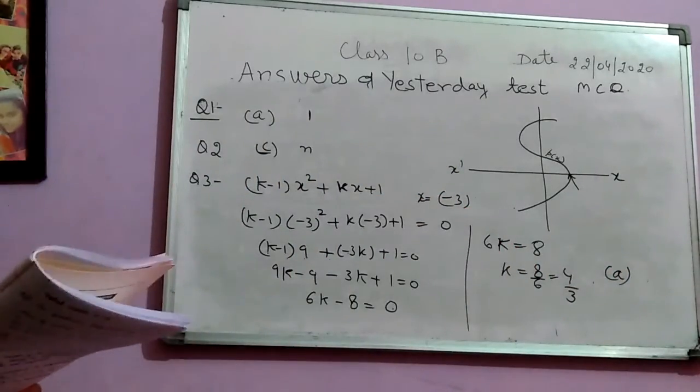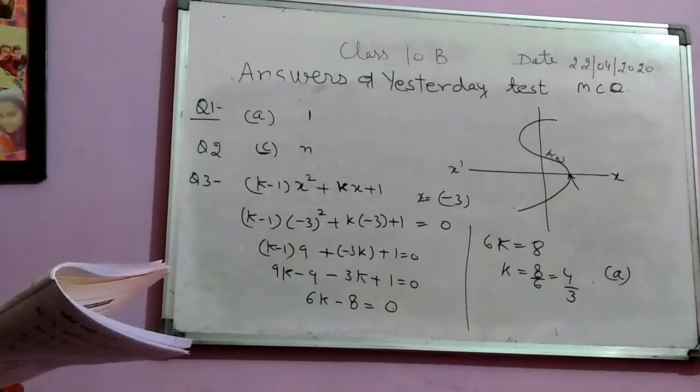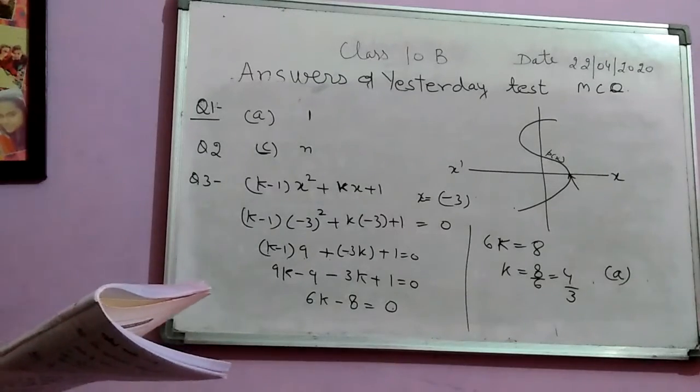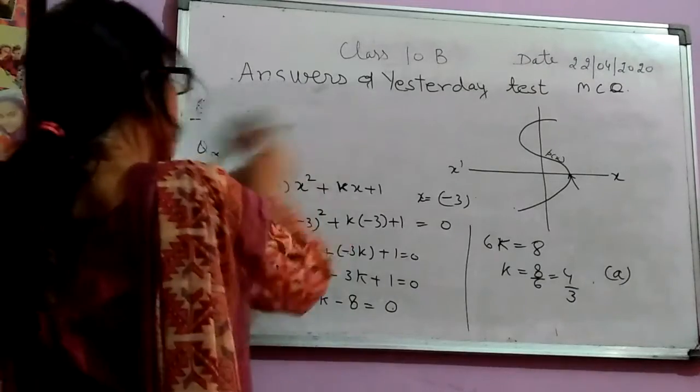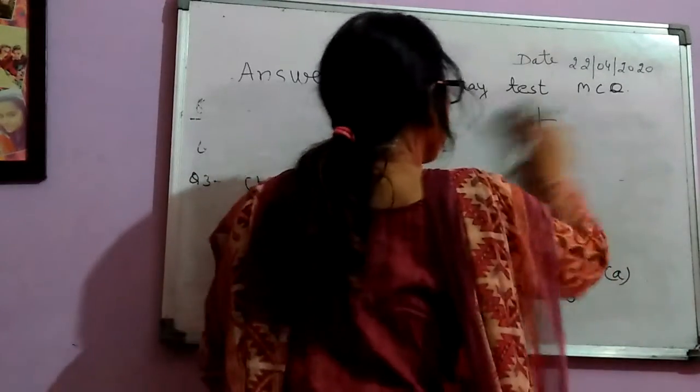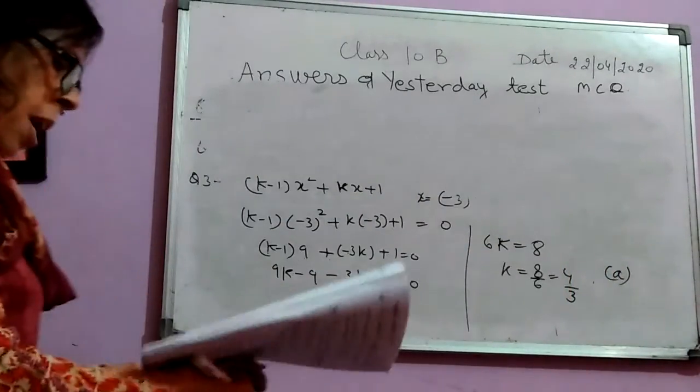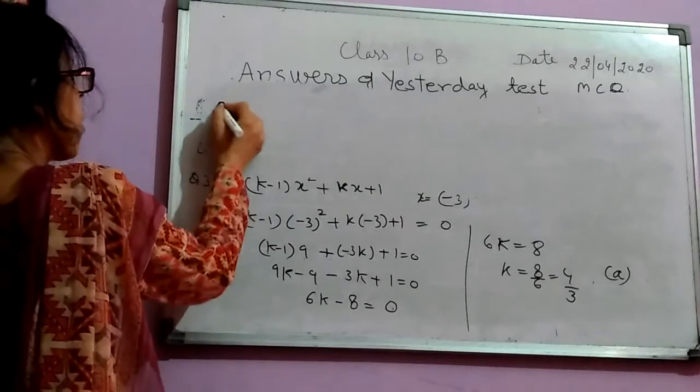Now the fourth question: the sum and product of zeros of the polynomial respectively are. In this question 4, the polynomial is 9x square minus 5.